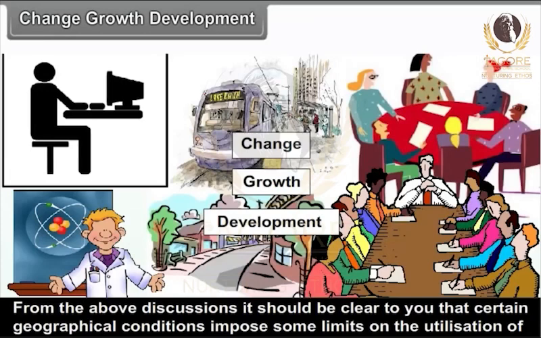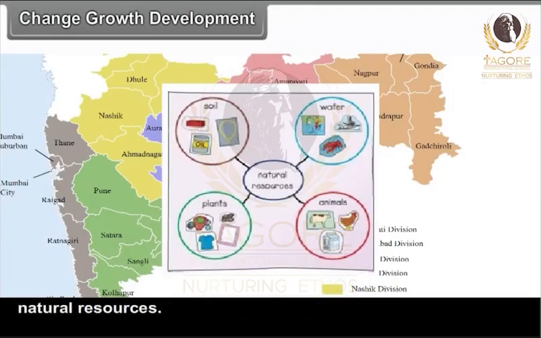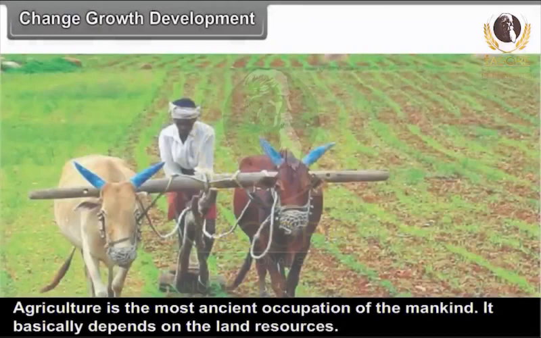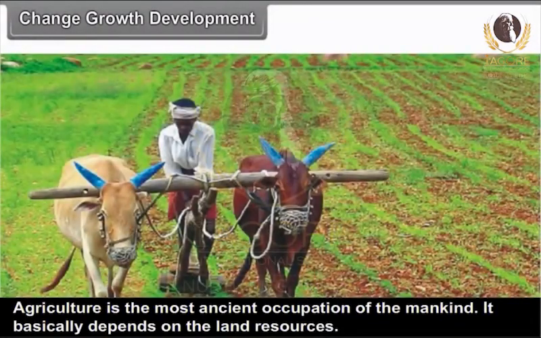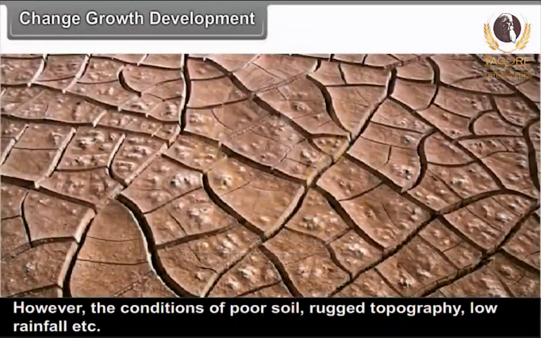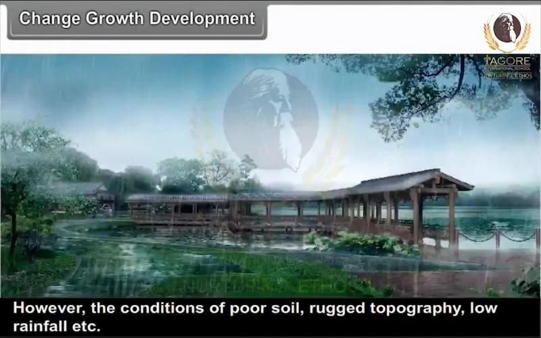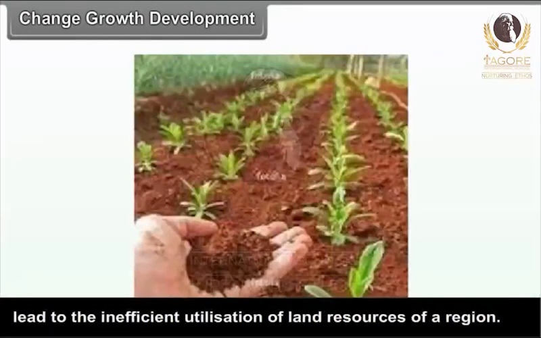From the above discussions, it should be clear that certain geographical conditions impose some limits on the utilization of natural resources. Agriculture is the most ancient occupation of mankind. It basically depends on land resources. However, conditions of poor soil, rugged topography, low rainfall, etc. lead to inefficient utilization of the land resources of a region.